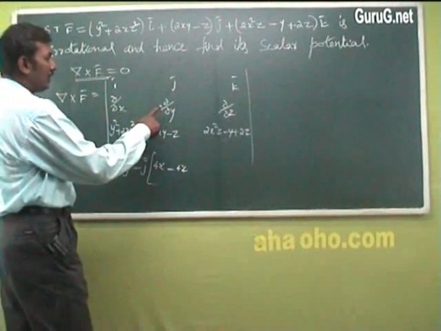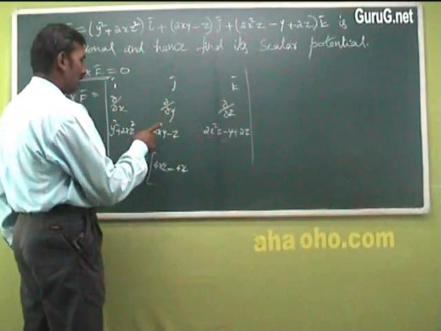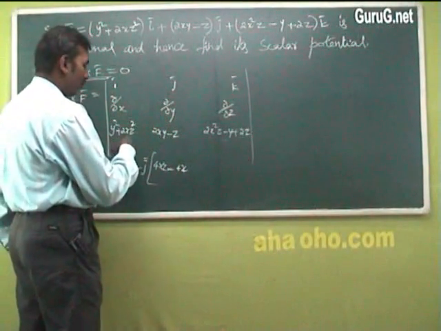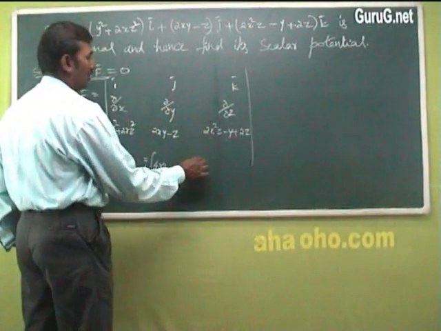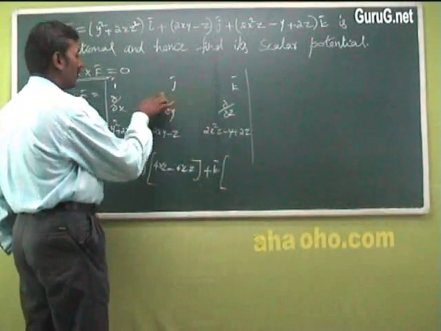So differentiate with respect to x here, 4xz, right? With respect to z again 4xz, then plus k vector into, omit this column and this row.